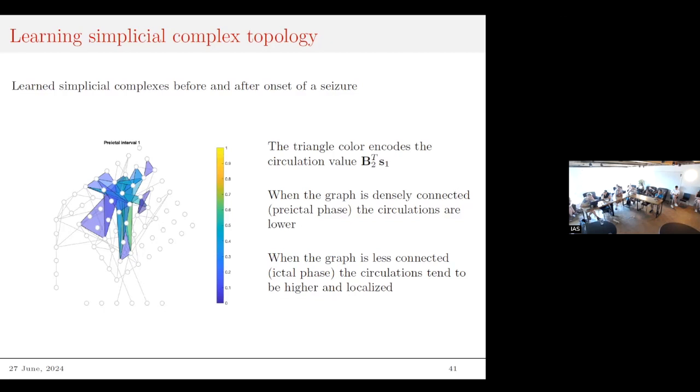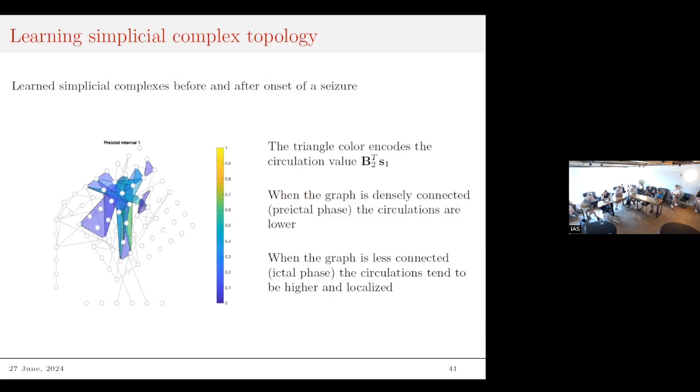And the triangle color encodes the circulation along the triangle. We can see that when the graph is densely connected in the pre-ictal phase, the circulations are lower.